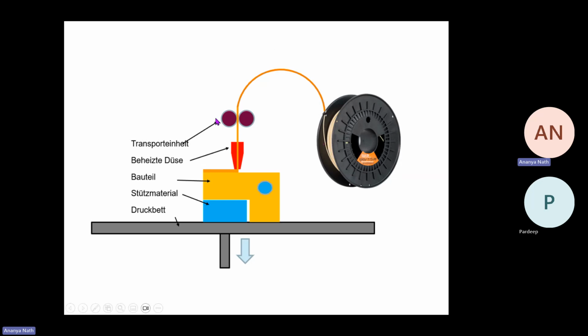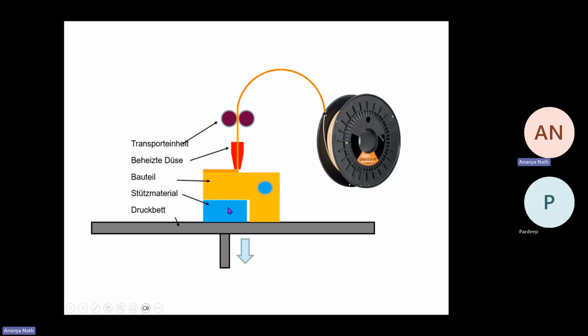We can see there are these pulleys which are maintaining the tension on the wire and pushing it downwards. Then it is passing through this nozzle. This orange color is the nozzle. It's passing through the nozzle where resistance heating or induction heating is present, like coil based heating basically, and then it is getting melted and deposited over the build plate.